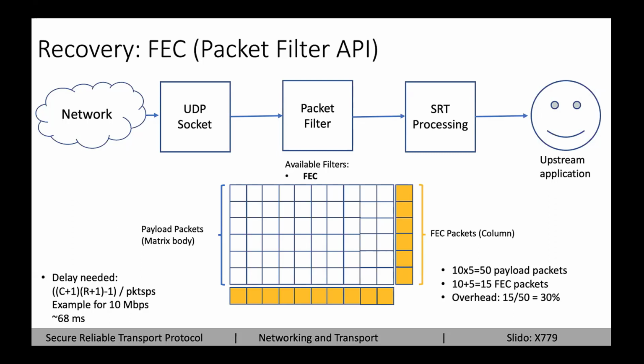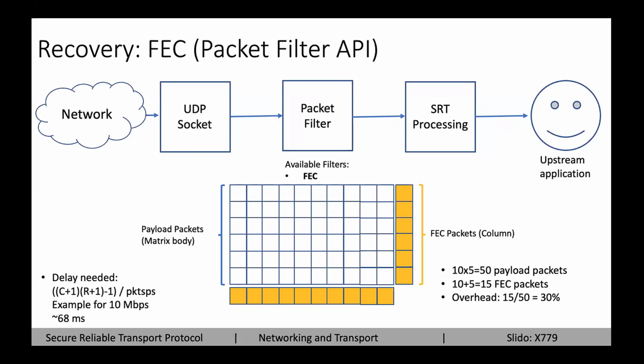The SRT library currently implements one packet filter option, which is forward error correction. In brief, forward error correction uses a matrix of payload packets. On this diagram, it is shown with white colored boxes. The white colored boxes are the matrix of actual payload packets, and this matrix has an additional column and an additional row of FEC recovery packets.